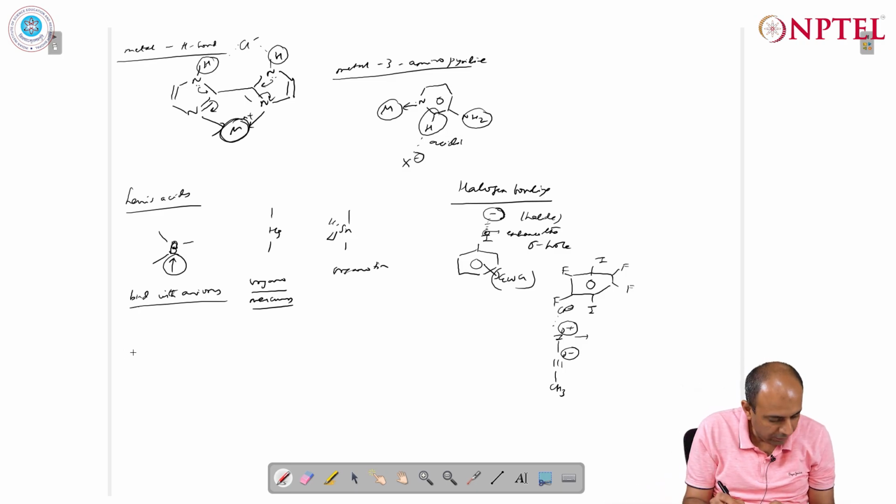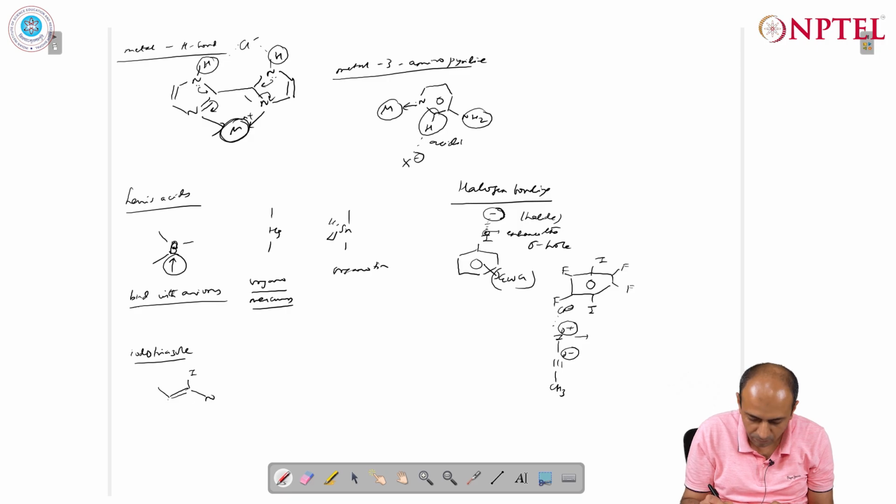We can also have the iodotriazole, and here you see that this can function as a halogen bond donor, which can interact with an anion, and we can now activate this further by taking the methyl substituted iodotriazolium.